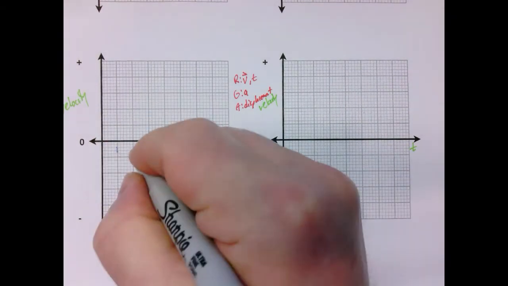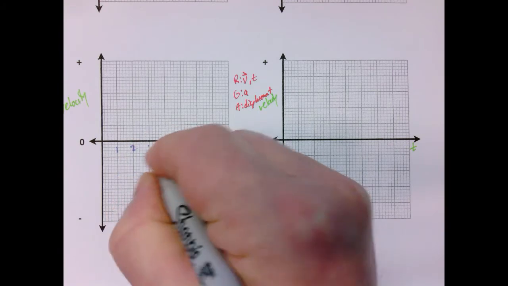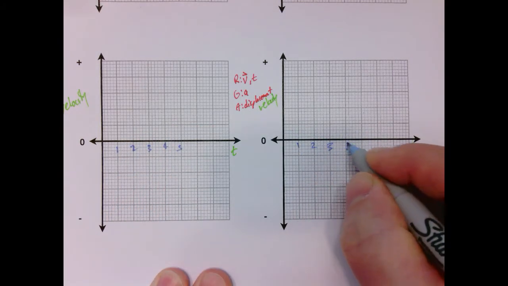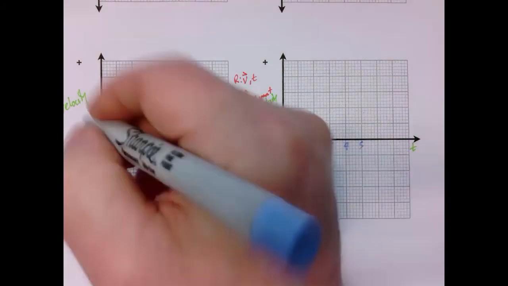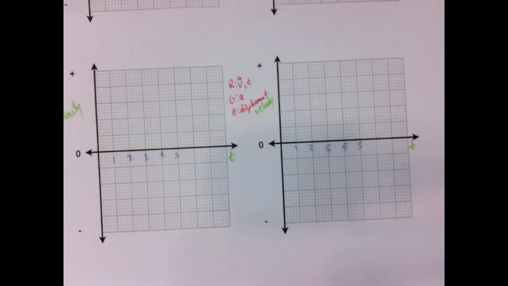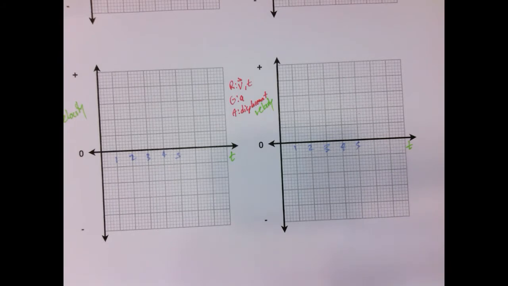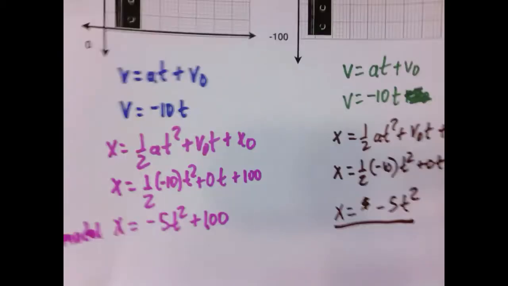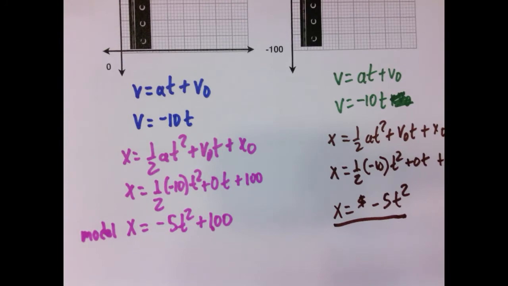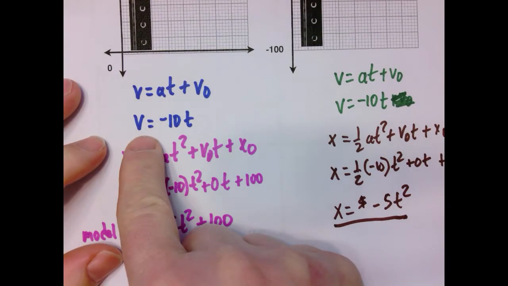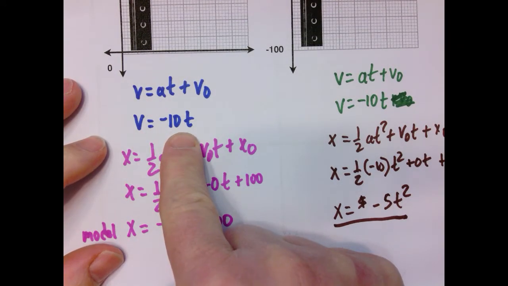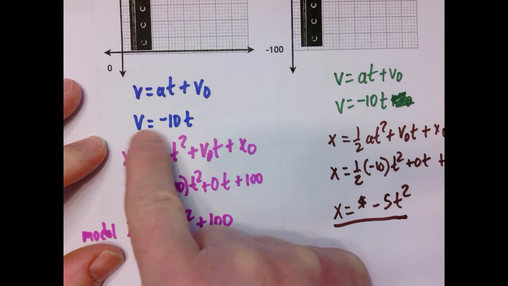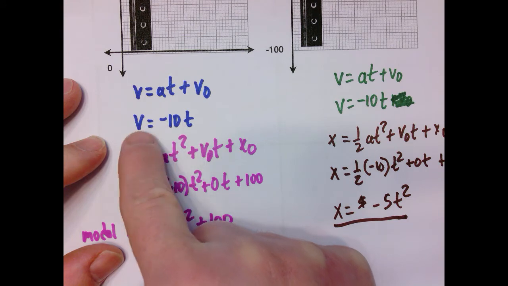Label our times. 1, 2, 3, 4, 5. So now let us go back to reference frame A. In reference frame A, we said that the velocity is given by negative 10t. So at time 0, the velocity is 0. At time 1, the velocity is negative 10.